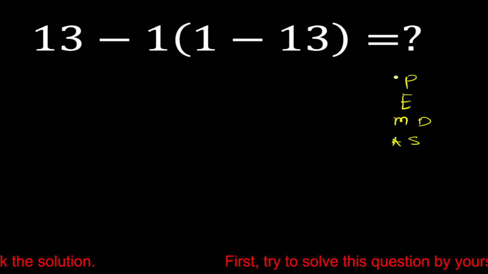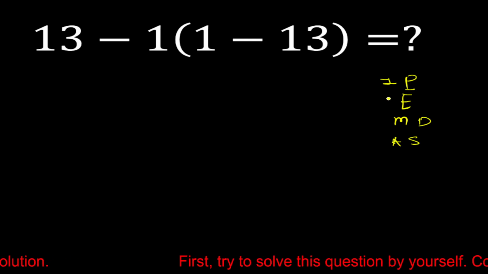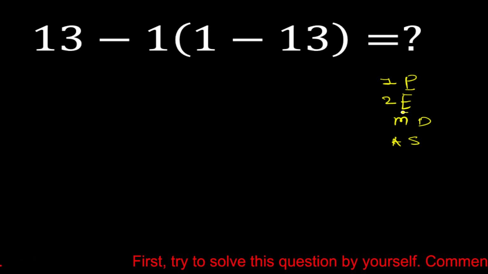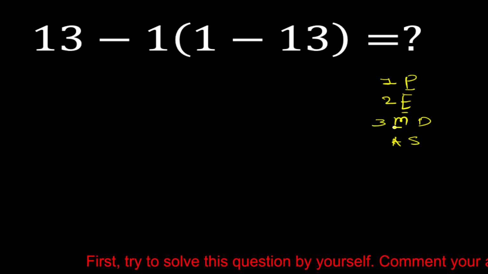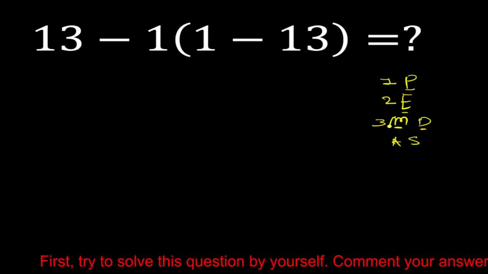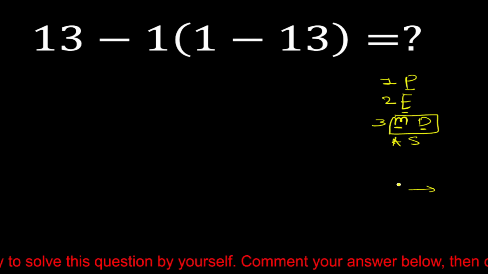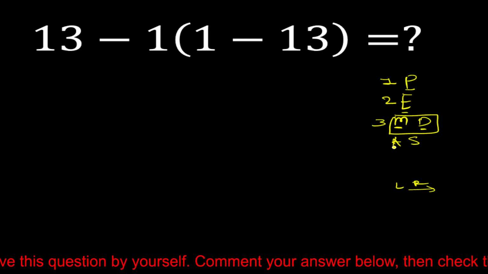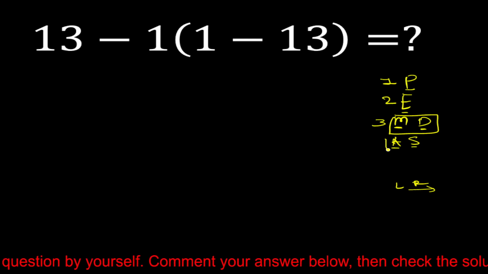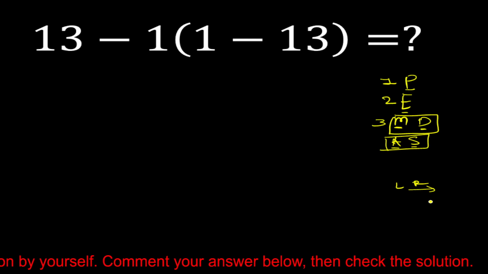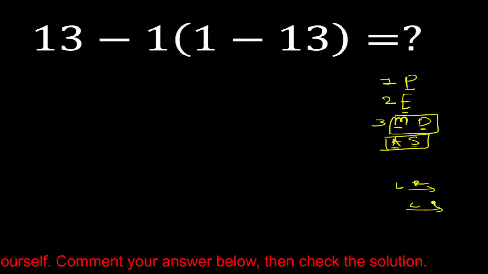According to PEMDAS, first priority is parenthesis, second priority is exponents, third priority is multiplication and division. Here multiplication and division both have equal priority. So we have to solve it from left to right. Okay. Fourth and last priority is addition and subtraction. Also both have equal priority. So we have to solve it from left to right. Okay.